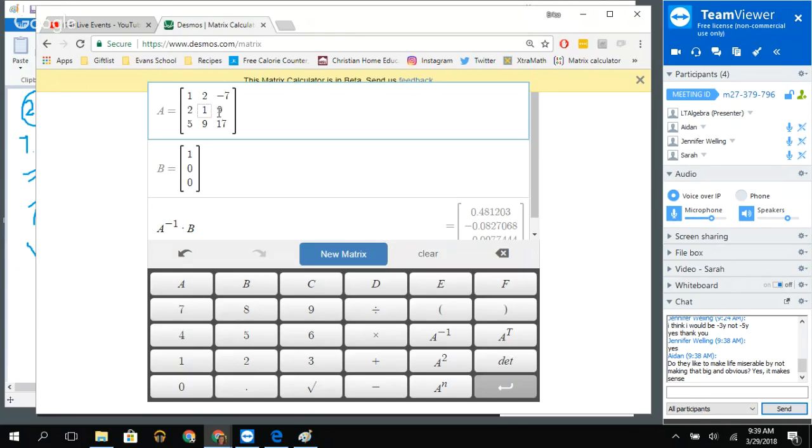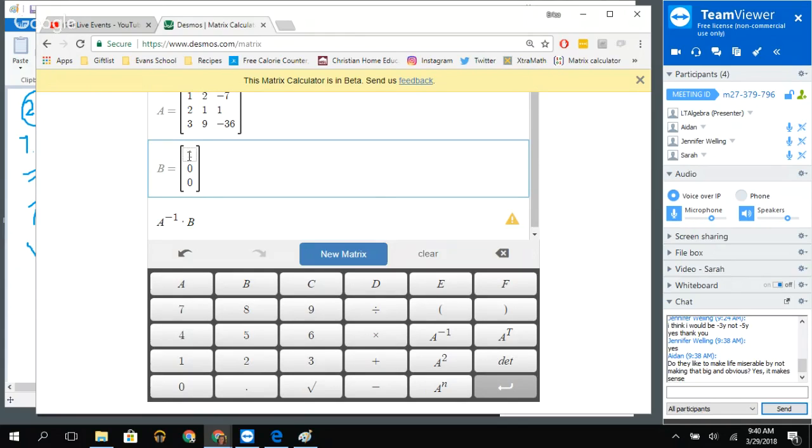So what I'm doing right now is putting in the coefficients of my equation: 1, 1, 2, negative 7, 2, 1, 1, 3, 9, negative 36. I'm wondering if this does not have an inverse, and that's why we're getting this error.